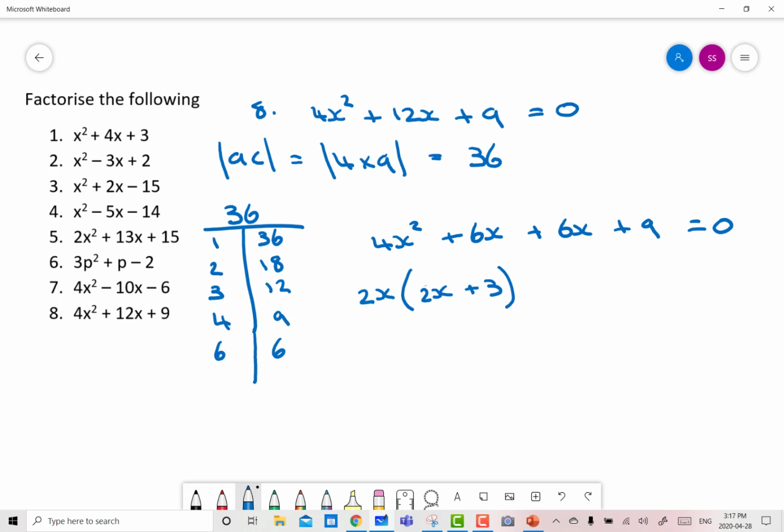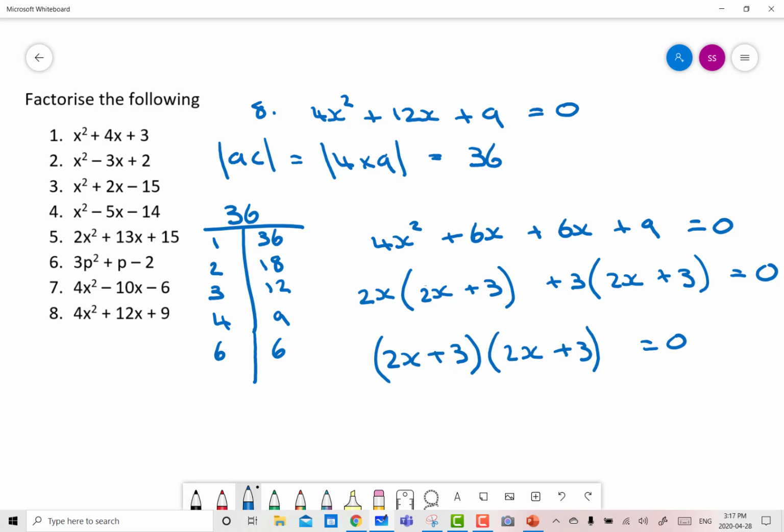On the right-hand side, I'm going to take out plus 3 as common. 6x divided by 3 will leave 2x, and 9 divided by 3 will leave plus 3. We take out 2x plus 3 common, and that leaves me with 2x plus 3 in the other bracket. So as you can see here, we could rewrite that as just 2x plus 3 all squared being our factor.